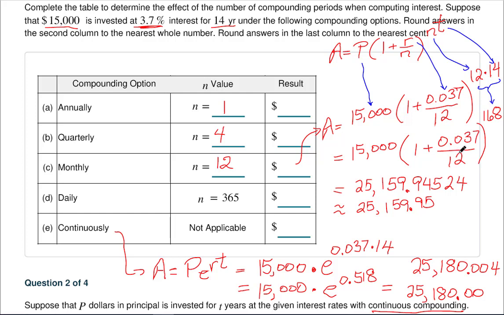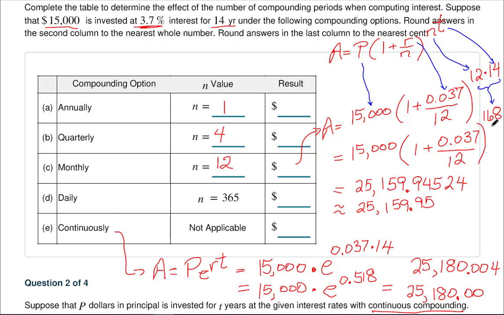So start here. You would do 0.037 divided by 12 equals or enter so it does the calculation. Then you do plus 1 equals again so it does that. Then you need the key to do exponents, which we saw was y to the x, or the upward caret. You enter 168.